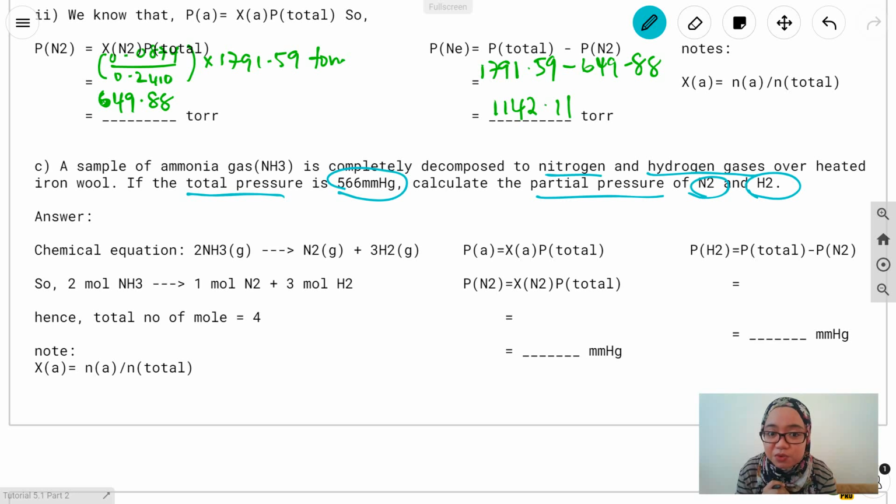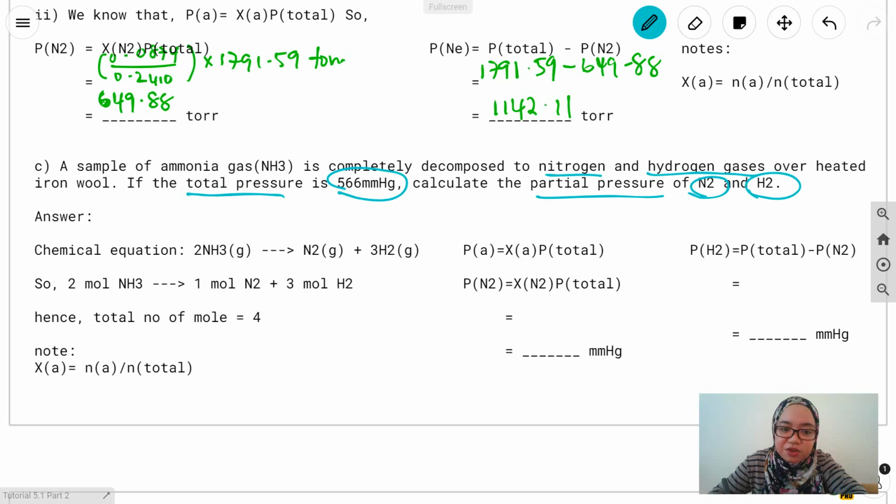So what we can do is use the chemical equation, since they don't give us the mass or anything to find the number of mole, right? So we can use the balanced chemical equation. So we know that NH3 gas will be decomposed into nitrogen gas and hydrogen gas.